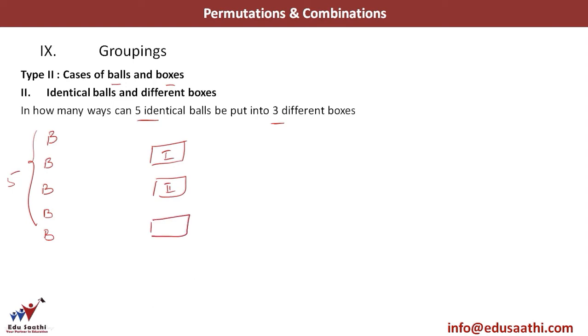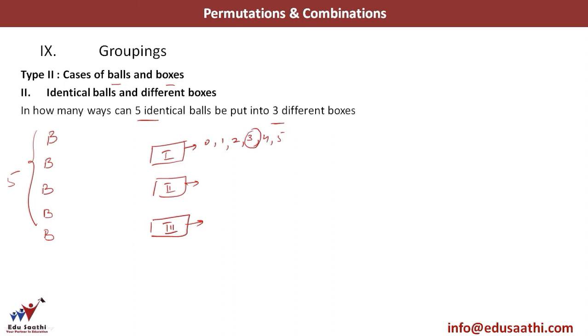1, 2 and 3. Now just for logic's sake, this box number 1 can either have 0 balls or 1 or 2 or 3 or 4 or 5. Similarly this second box also, and similarly this third box also. But if this box, let's say, has 3 balls, then what are the cases?